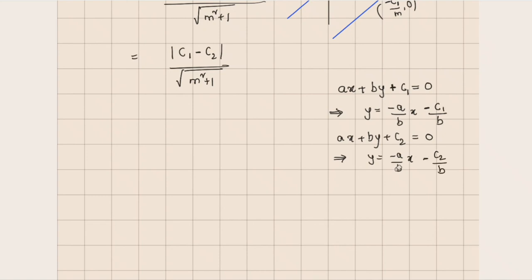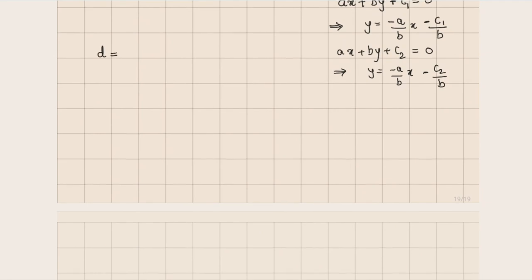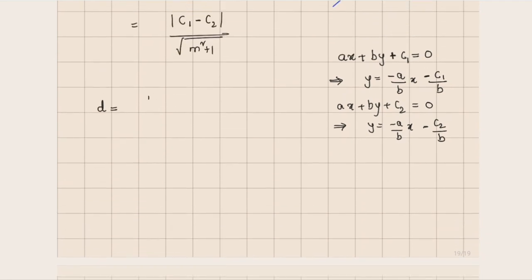So substitute m as minus a by b, and c1 as minus c1 by b and c2 as minus c2 by b, which gives the distance d equals modulus of c1 minus c2 by root over a square plus b square.